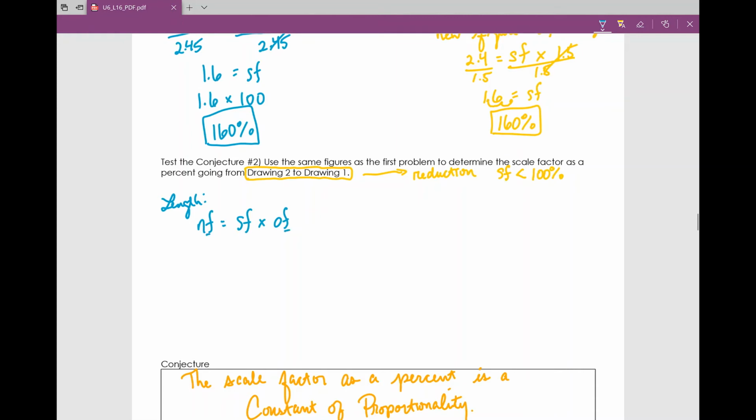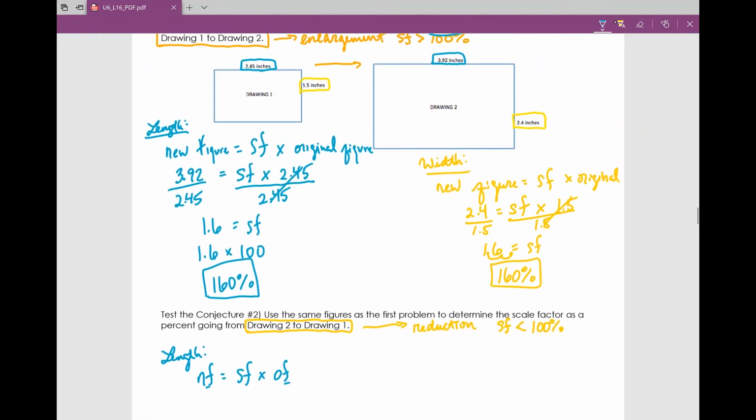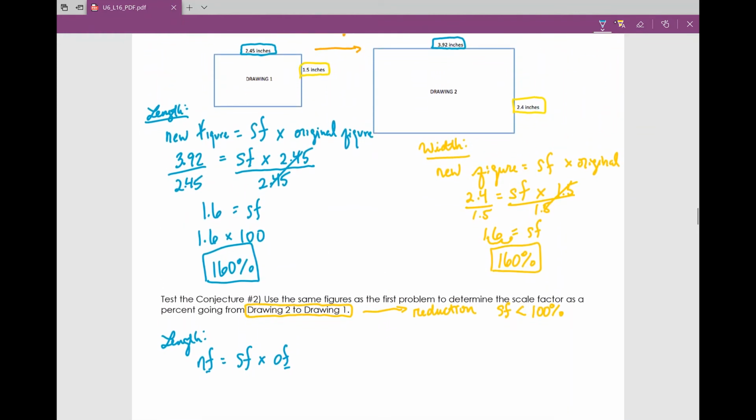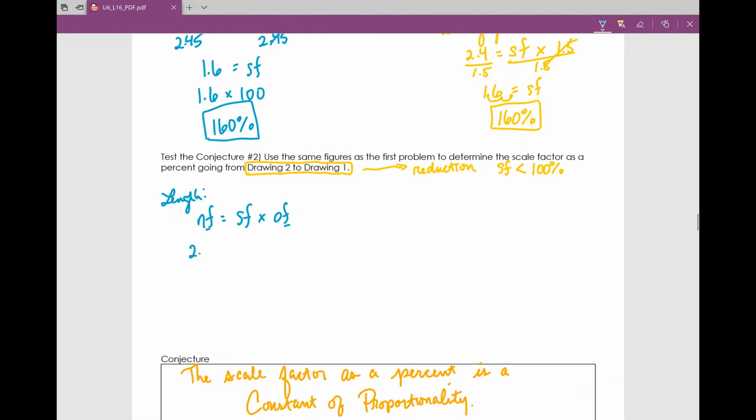So going the opposite way, our new figure would be drawing 1, which is 2.45, equals the scale factor times our original, which is drawing 2 now, 3.92. We divide both sides by 3.92. I get that my scale factor is equal to 0.625.